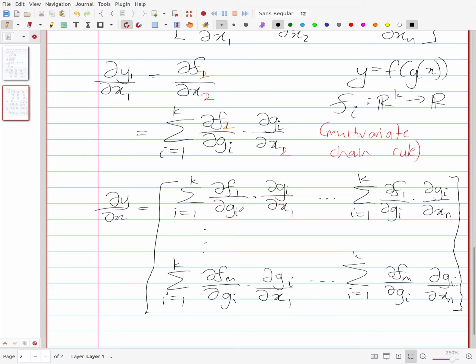Now, what you'll notice is that in each of the components of this matrix, we have this sum of products. And so we might be able to simplify this whole expression as a product of two different matrices. So what I'm going to try to do is exactly that.